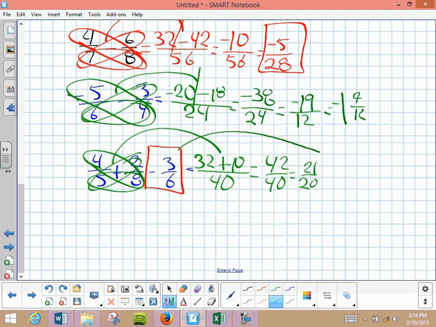So we transfer this guy over here, and it's going to be negative 3 over 6, right? Are you following? Yes. So now we multiply that, and we get 60. Multiply this, and we get 126. Multiply that, and we get 60.